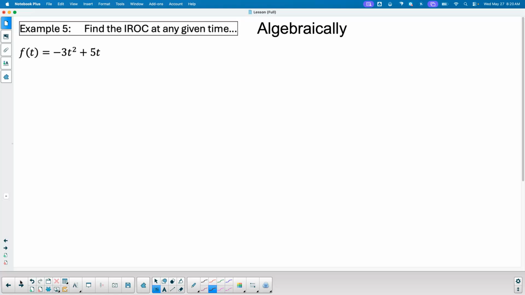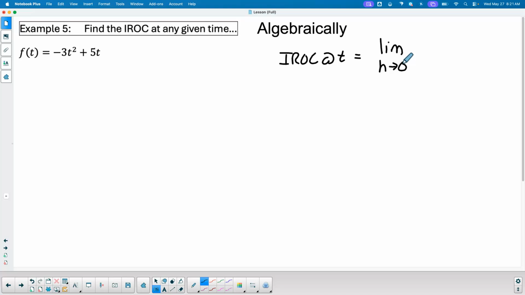So our instantaneous rate of change at any time t, instead of t being an actual number, we're going to leave t be t. And once we find that instantaneous function, we can plug in all sorts of t's and come up with all of these instantaneous rates of change.